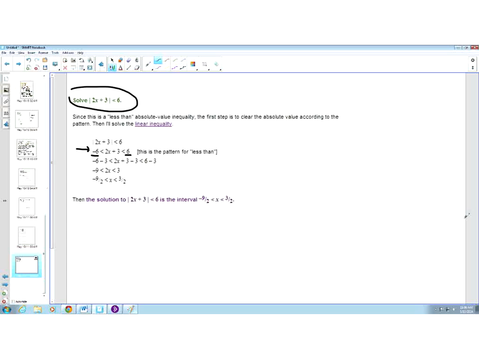And then likewise, when we have absolute value bigger than a number, let me give you an example.